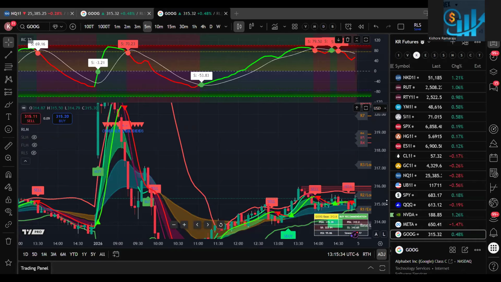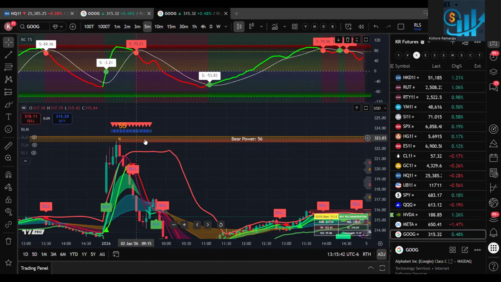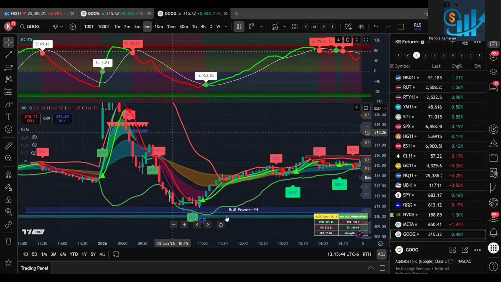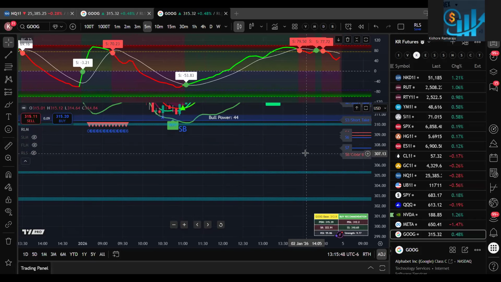Whenever you see price above R7, R8, you can immediately do bear calls and make profits. Or when the market opens and you see price somewhere below S7, S8, you can do bull puts or calls.